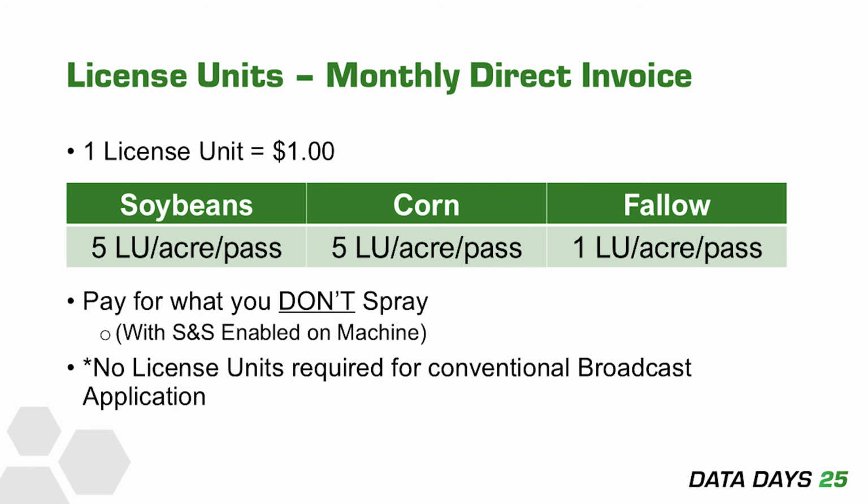Where the license fees come in is when you have See Spray enabled and you're going out and doing a spot spray type of application, either in the See Spray Premium or Ultimate settings. It's $5 per acre, and the way that works is you pay when See Spray is enabled, but it determines that there's no weeds and you don't spray.